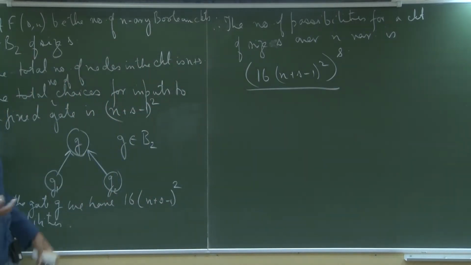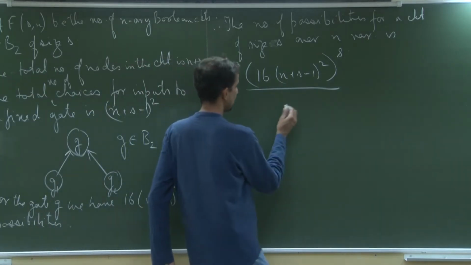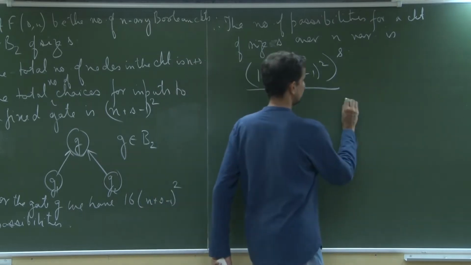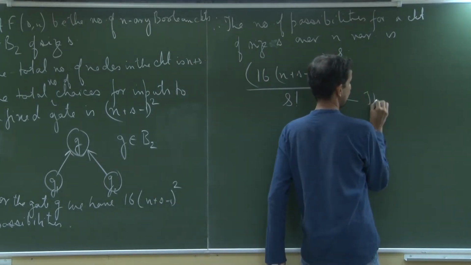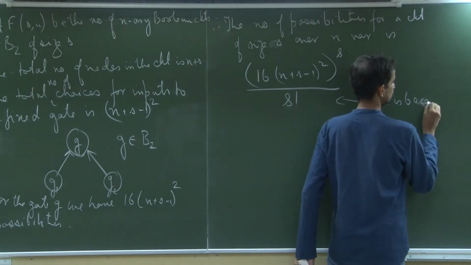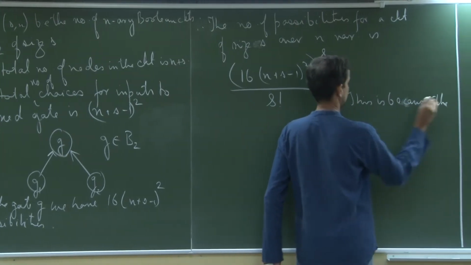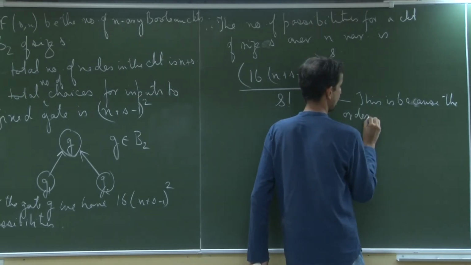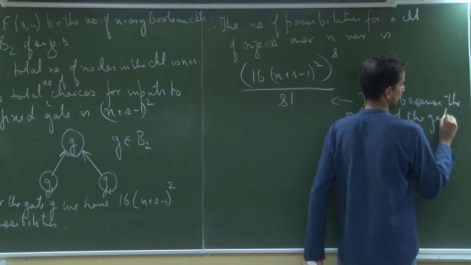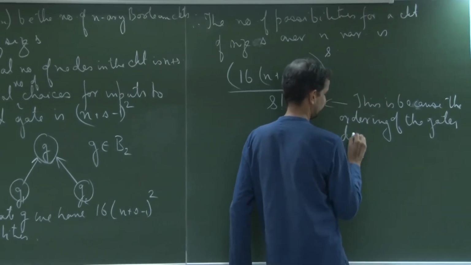What I need to look at is unordered tuples. So, I will divide it by s factorial, because the ordering of the gates does not matter.